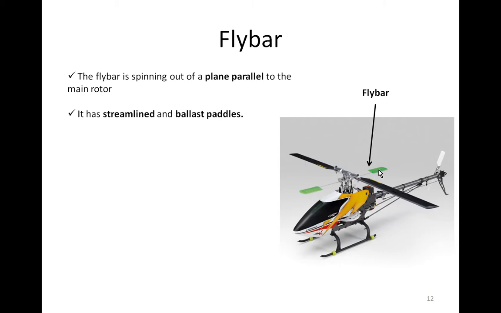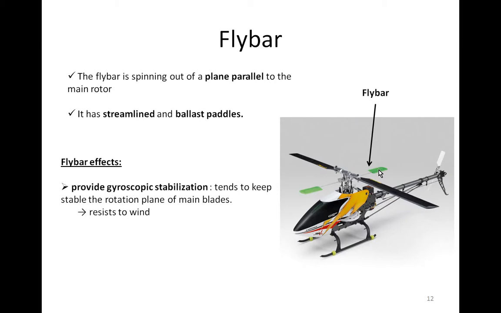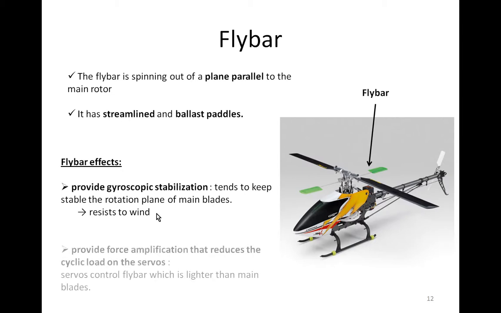So this configuration gives the following effects. The flybar acts like a gyroscope and tends to keep the rotor more stable. For example, the heli has better resistance to the wind. Another effect is that the flybar provides force amplification that reduces the cyclic load on the servos.